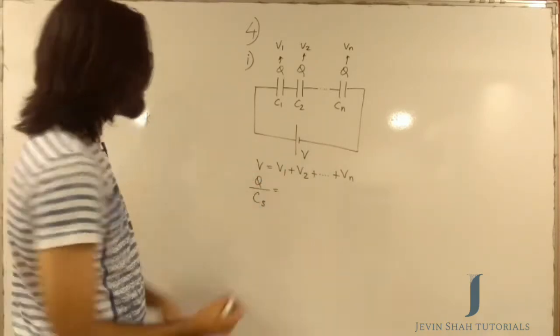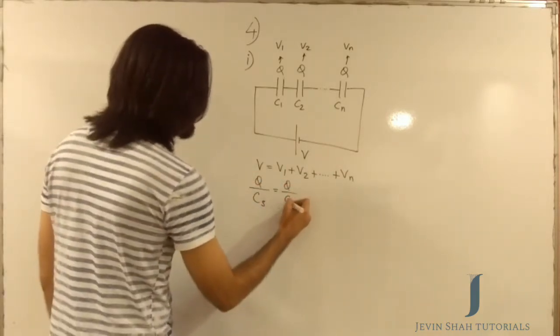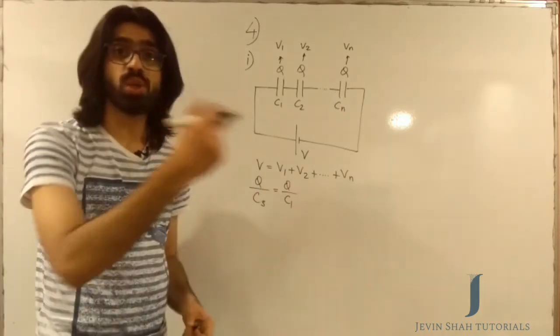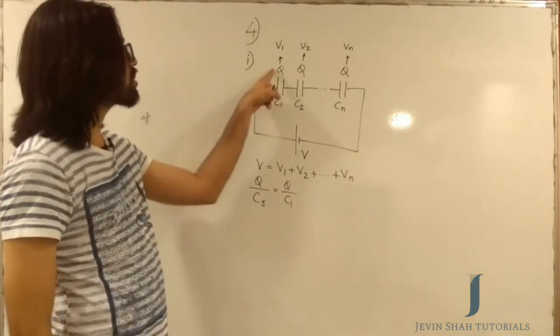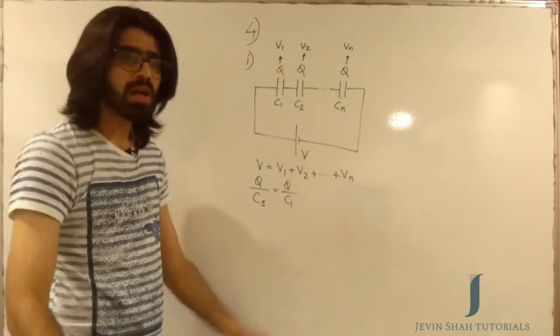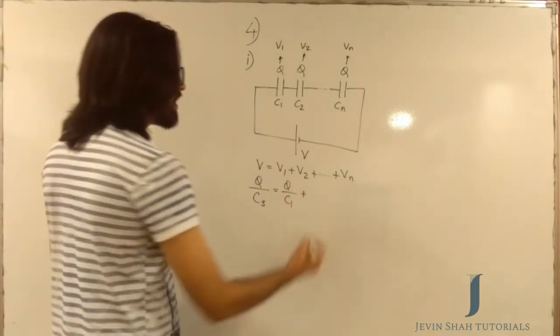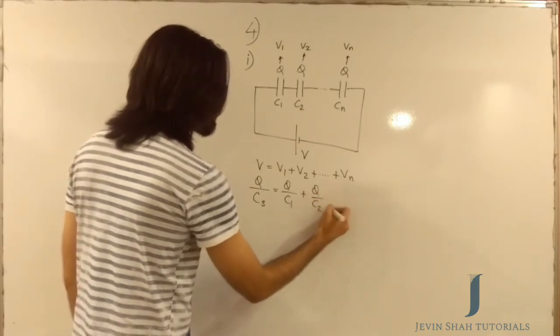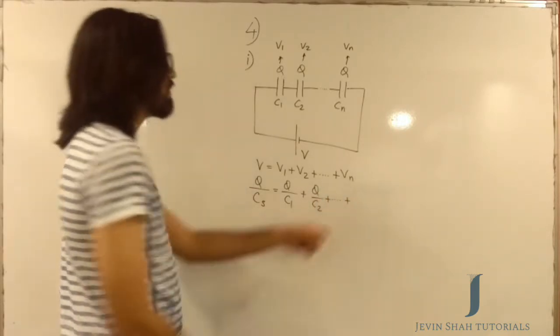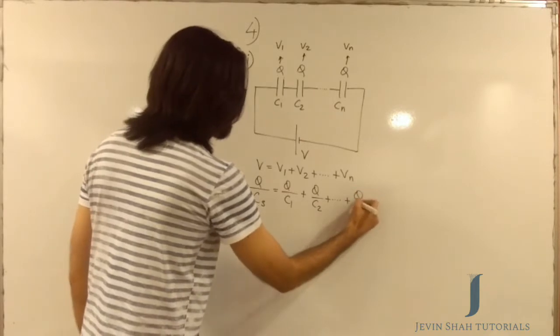So I can write V1 as Q divided by C1. I would have written it as Q1 by C1, but because charge is Q on every capacitor, it's okay to write this one as Q by C1, plus the one on V2 is Q by C2. The final Vn would be Q by Cn.